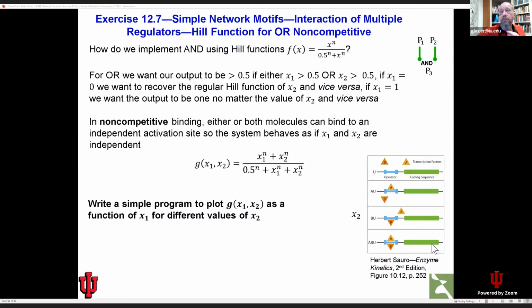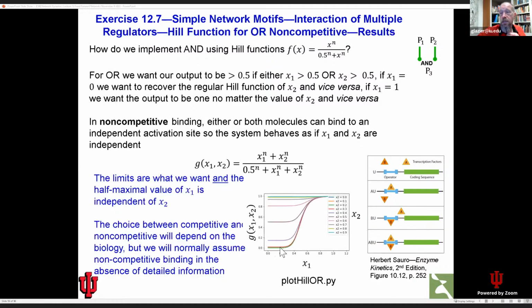The other one is x1 to the n plus x2 to the n over 0.5 to the n plus x1 to the n plus x2 to the n. That one has a slightly different behavior. This is what it looks like here biologically. In that case, you'll notice the threshold for x1 and x2 is always a half and doesn't shift.